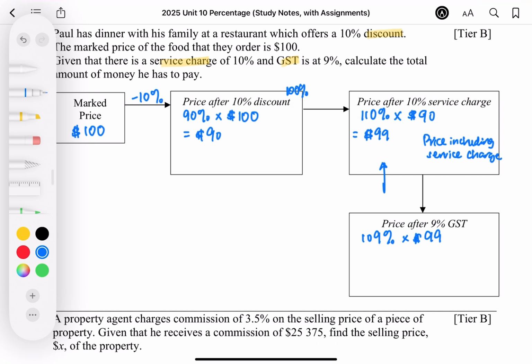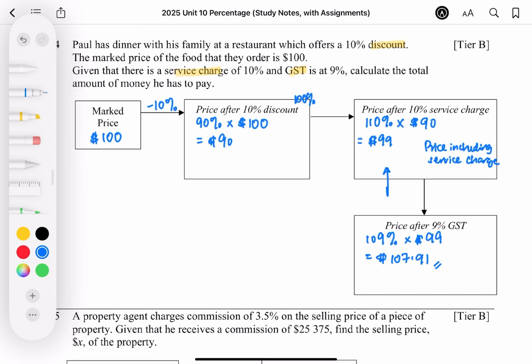So goods will be our dinner, whatever we ordered and paid for, and the services tax, the services part, will be the service charge. Therefore, we will have this, and it will be translated to this amount. That will be the final amount that Paul has to pay.